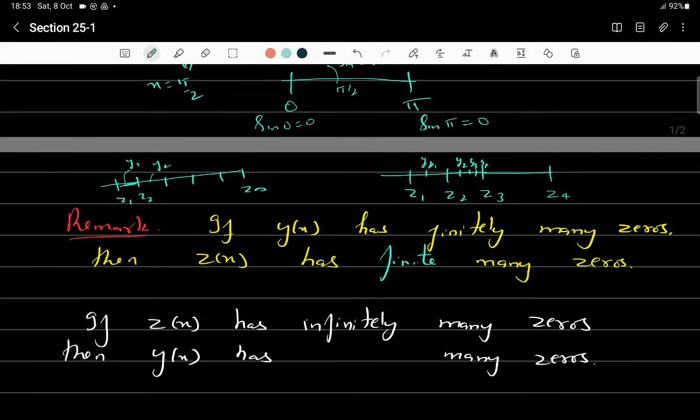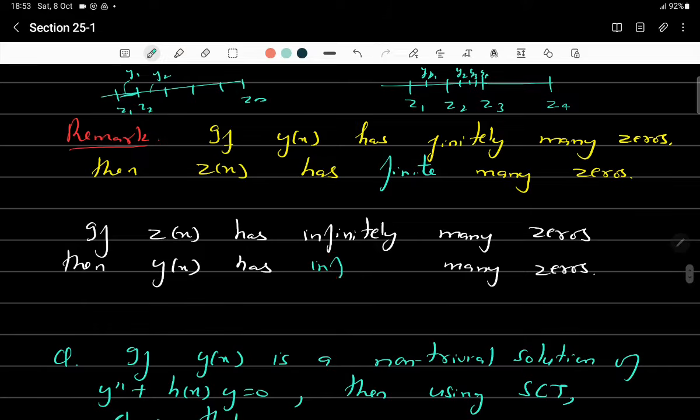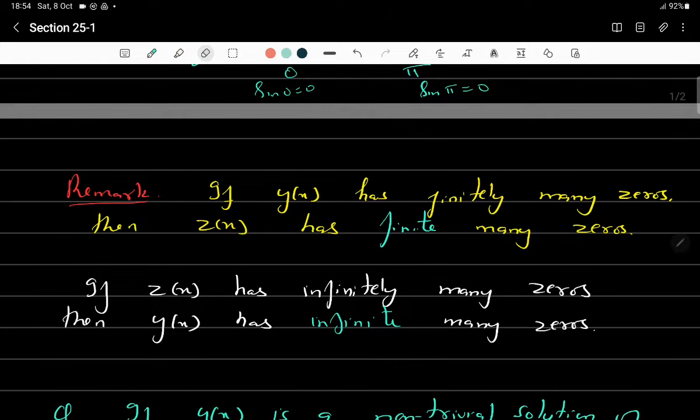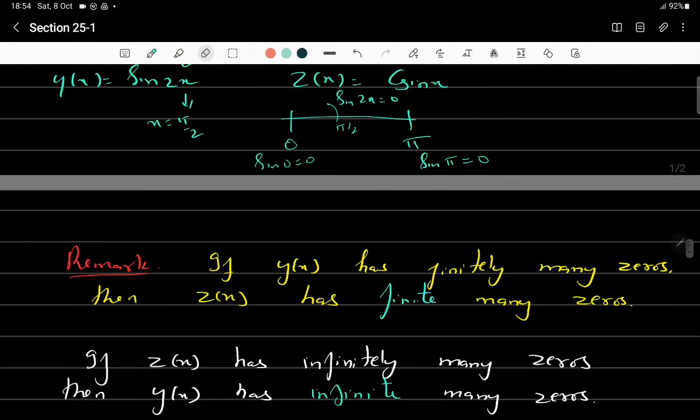It means y(x) has an infinite number of zeros. But if y(x) has an infinite number of zeros, you cannot say anything about z(x). It may be finite, infinite, think over it. And similarly the other case. So two important cases to remember: if y(x) has finite zeros, then z(x) has finite zeros; if z(x) has infinite zeros, then y(x) has infinite zeros.